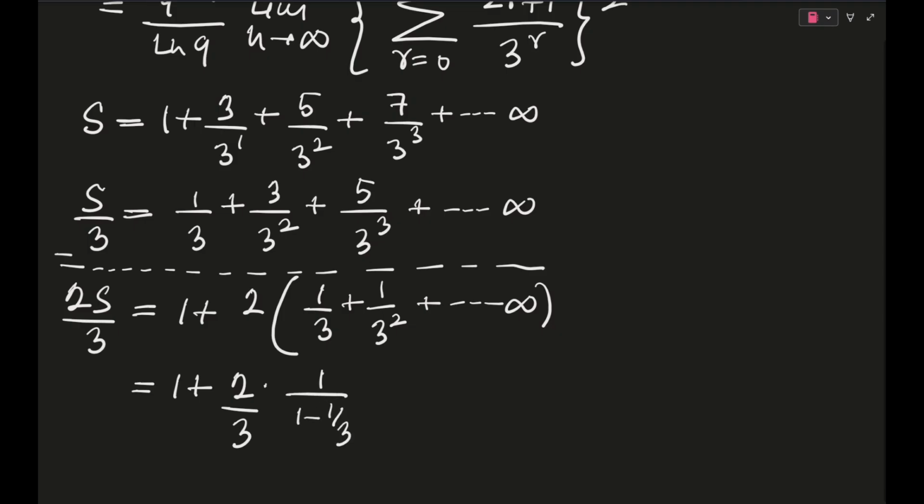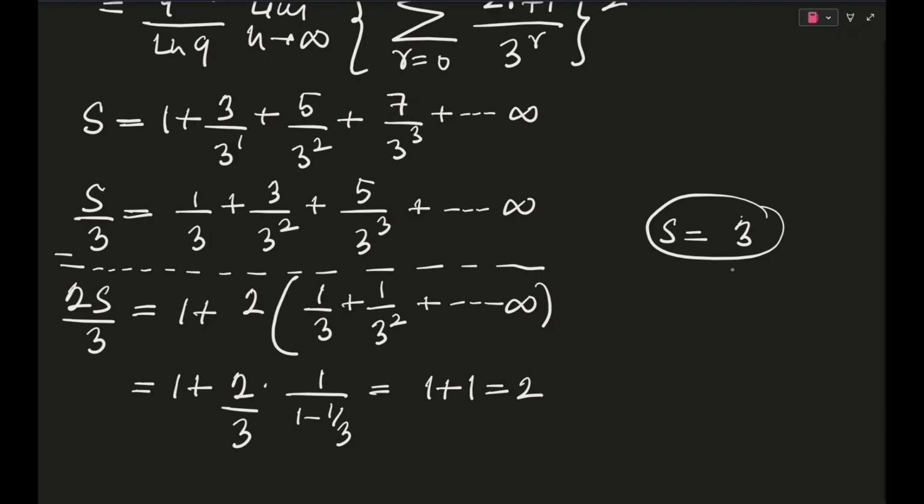A by 1 minus R. So this thing becomes sort of 1 plus, I guess, 3 by 2 into 2 by 3. So 1 plus 1, 2. That means your S is equal to, I guess this will become 3 only. Okay.